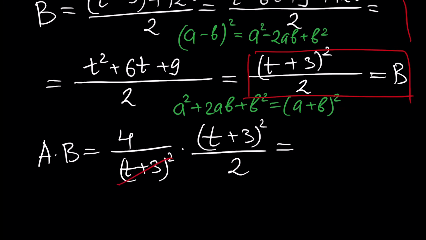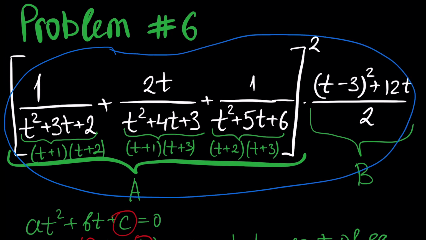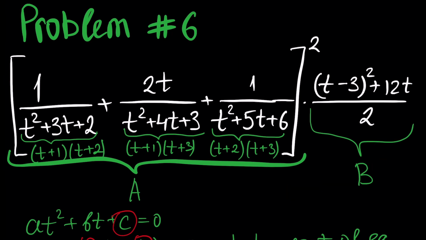Here we have cancellations, and this is 4 divided by 2, and the answer will be 2. So 2 is the final answer for our problem, and this complicated algebraic expression is equal to 2. That was everything for this tutorial. Thank you very much.